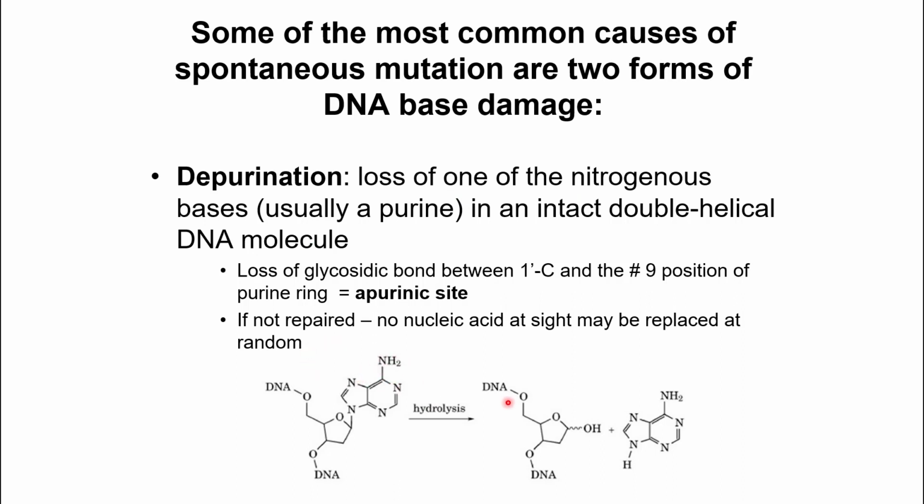And instead, we just have the intact double helical model, but we have no base pair. So we have this hydrolysis reaction. This glycosidic bond breaks, and we end up with what we call an apurinic site. And if we don't repair it, then during replication, polymerase could stick any random nucleotide in that spot.